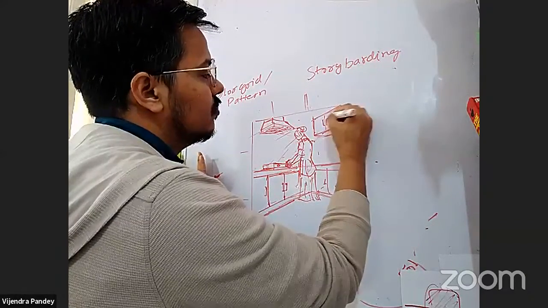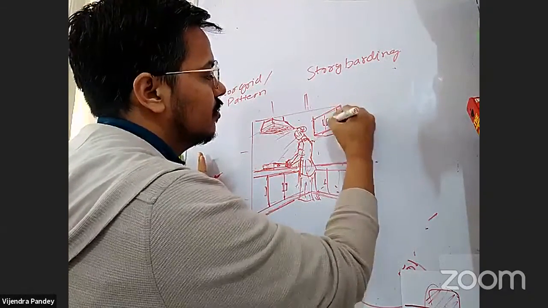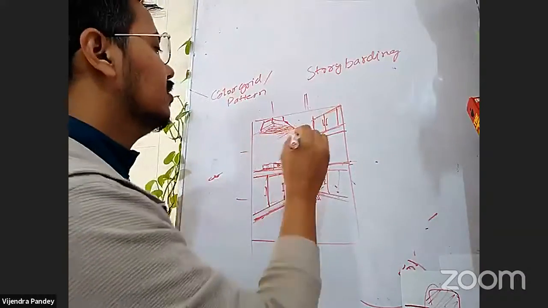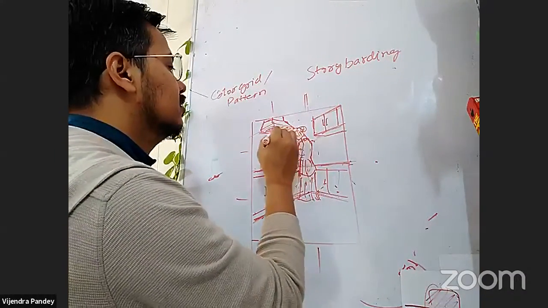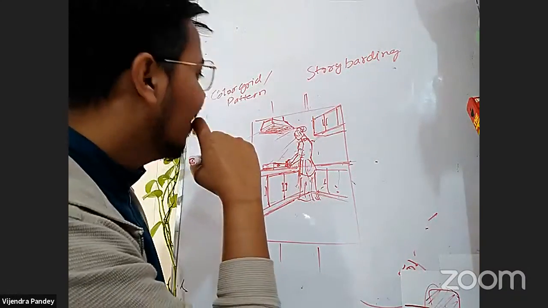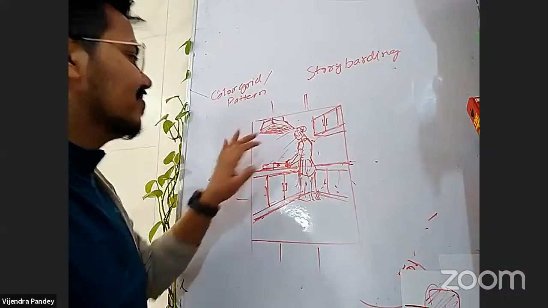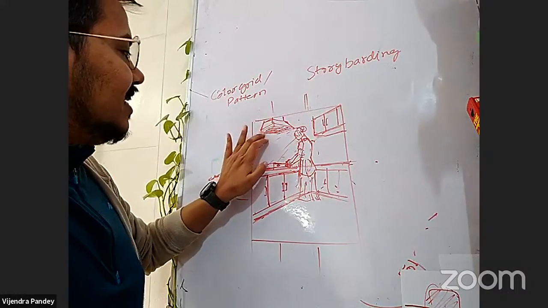Anyone has a problem drawing a vanishing point beyond the paper? I'll tell you a secret how to draw that. Yes, sir. Let me figure out how to say this, let me form my speech so that I can make you understand.